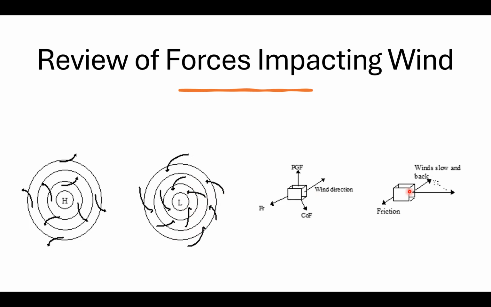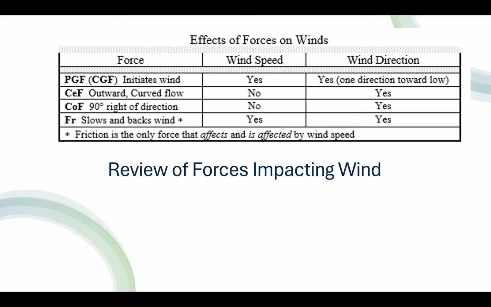Examples of what friction does to your wind. Generally, when talking at the surface, we have pressure gradient force and Coriolis force. But when we have friction involved, that slows the wind speeds down, and it's going to change your wind direction. Winds are going to slow and then back with friction.